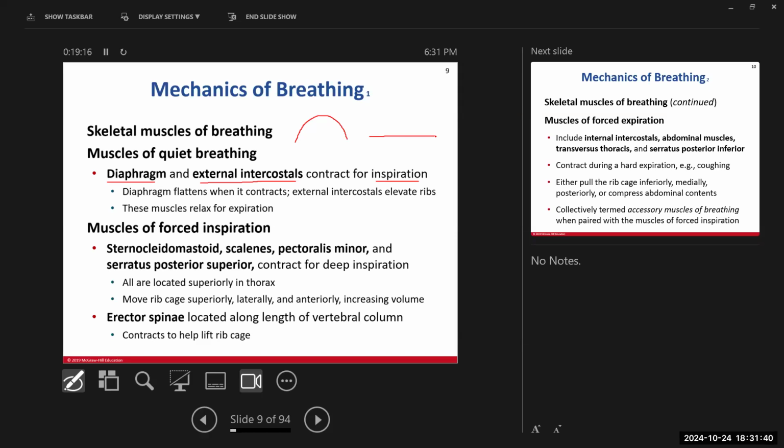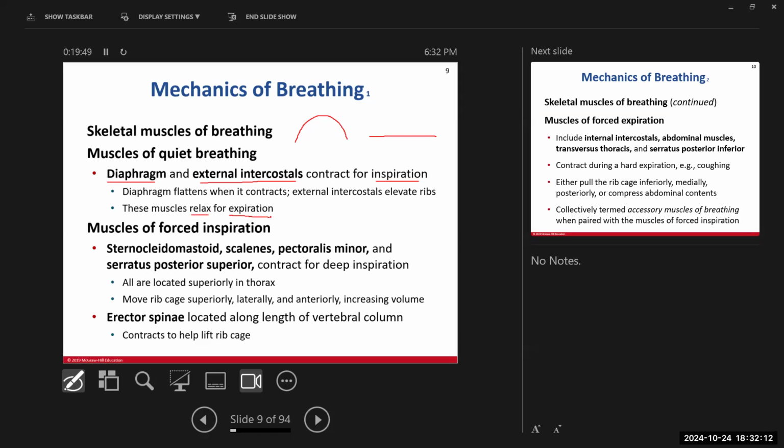This is the second analogy: when the bucket handle lands against the bucket and you go to pick it up, it moves out from the side there. So that's how your external intercostals will affect your ribs. It's going to elevate your ribs and move them outwards. Again, we'll get into all these. Then, of course, when you're done taking a breath in and you start to exhale, you just relax everything. Totally passive process there. So think of relaxation, expiration.